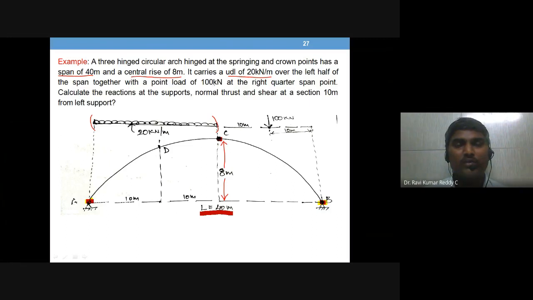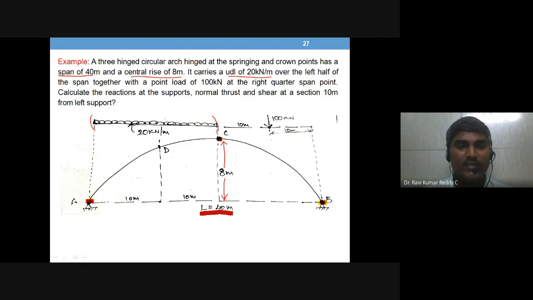together with a point load of 100 kilonewton at the right quarter span point. Quarter span points means 1/4 of the span. So span is 40 meters, 1/4 of the span is 10 meters, from either side.